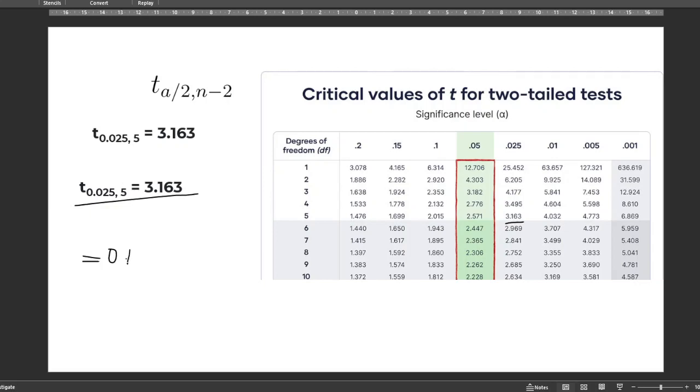If you substitute this value in the previous equation, 0.189, that is beta, plus or minus the square root of 0.101 divided by 5 into n into variance of x, into 3.163.